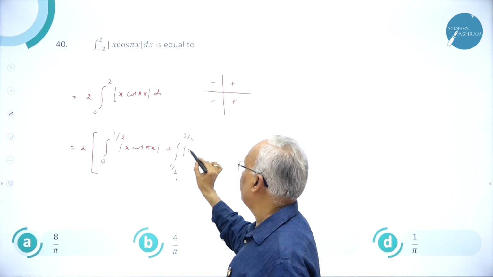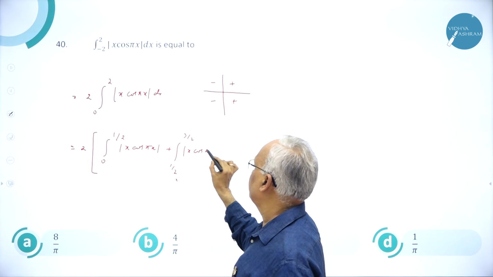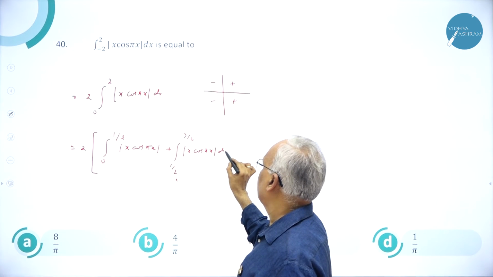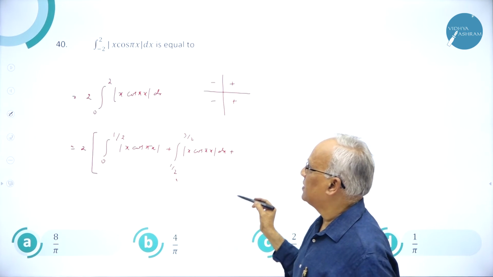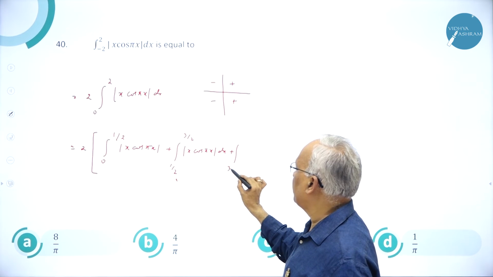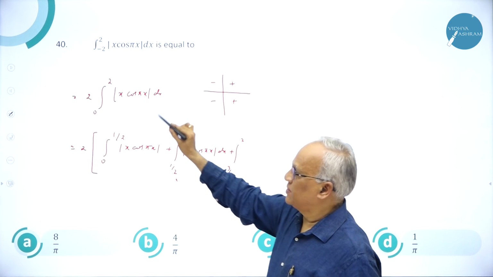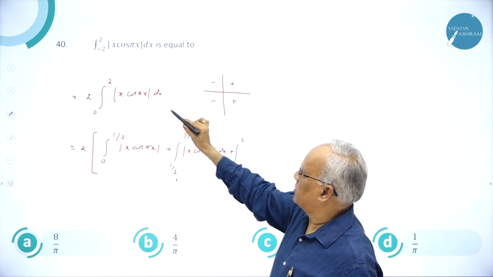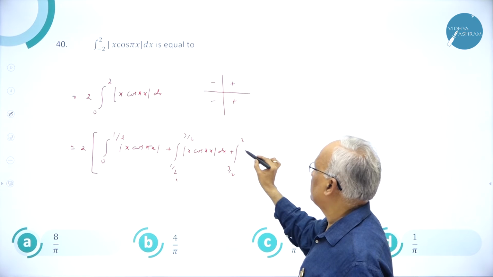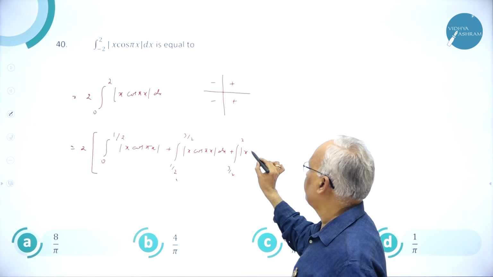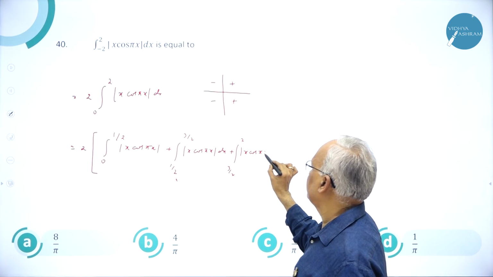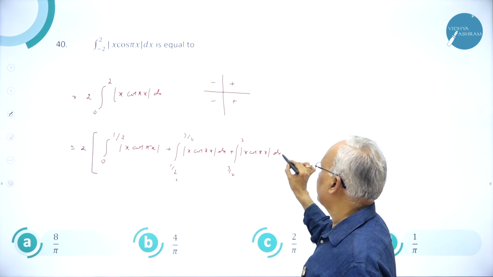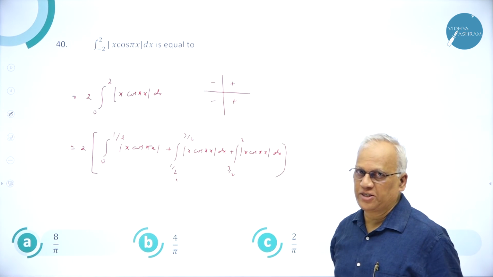So modulus of x cos pi x, plus integral 3 by 2 to 2 remaining. 3 by 2 means 3 pi by 2 to 2 pi, so it is positive. So it's modulus of x cos pi x into dx. That whole thing you multiply by 2.